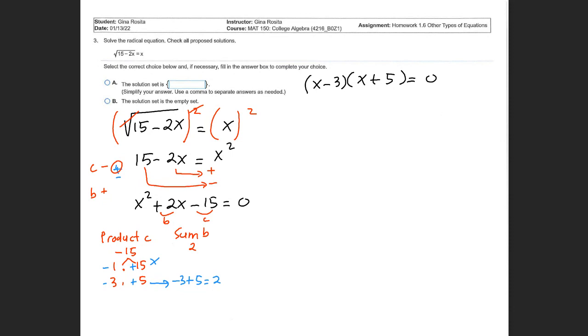Do the same thing. x minus 3 equals 0 or x plus 5 equals 0. So x equals 3, x equals negative 5.